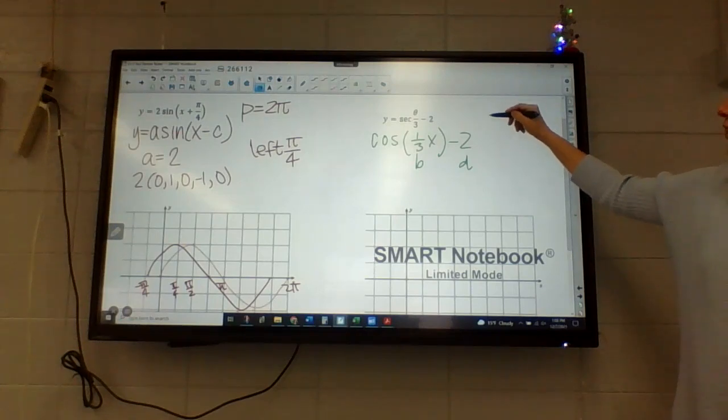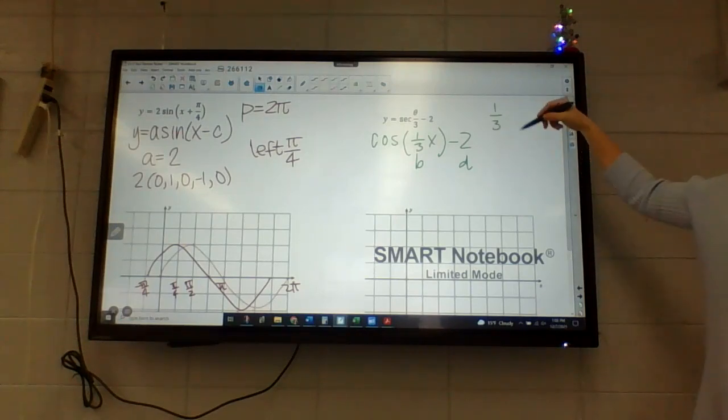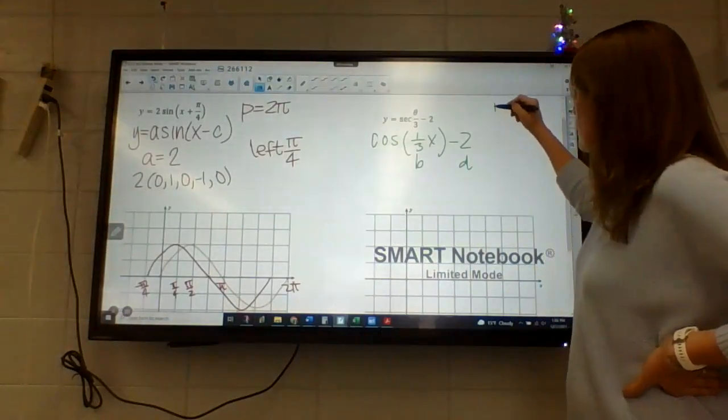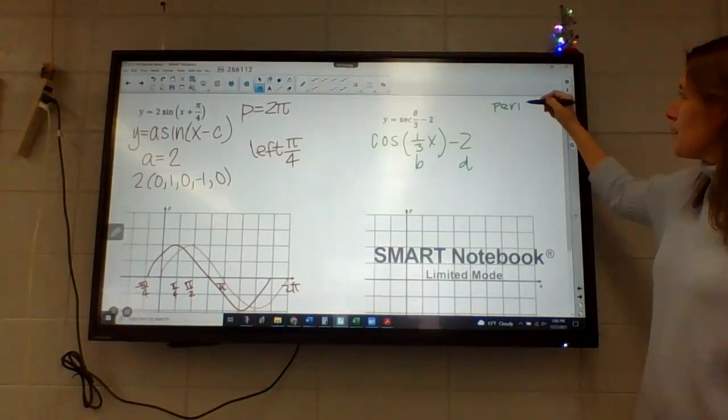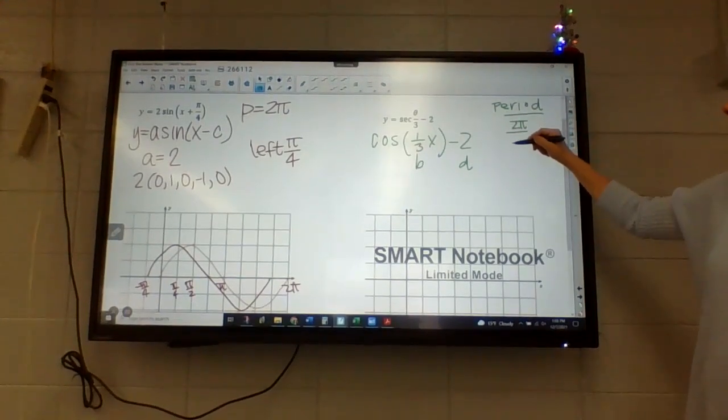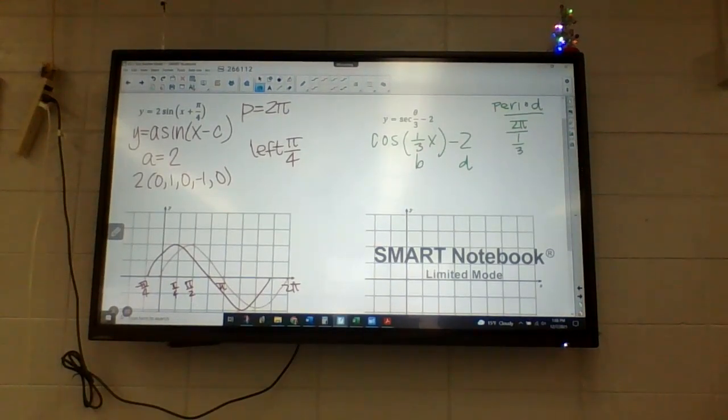So if B is 1/3, I have to put that into my equation for period. So 2 pi over 1/3. So I have to flip that and multiply. So 2 pi times 3 is 6 pi.